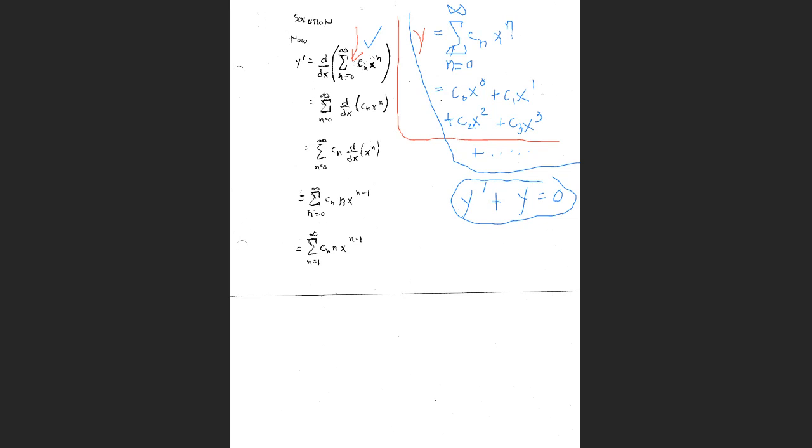So if we want to do y prime, we are taking the derivative of a sum. And the derivative of a sum is the sum of the derivatives. Now keep in mind, the only variable here is the x, right?